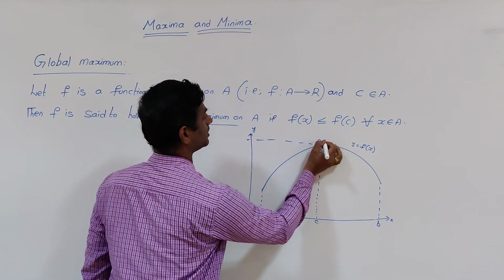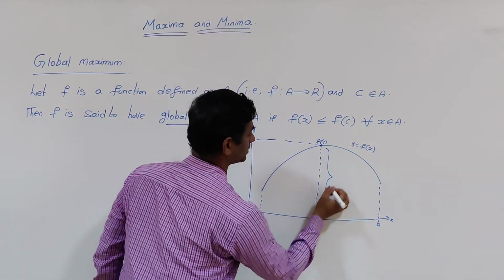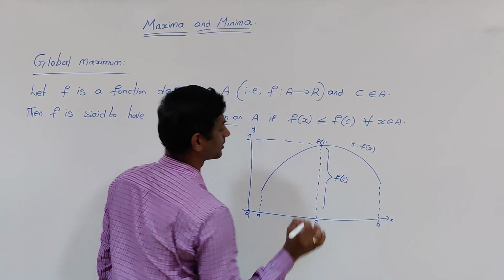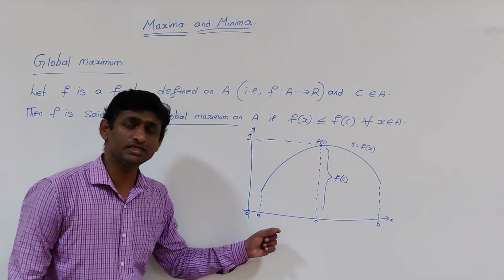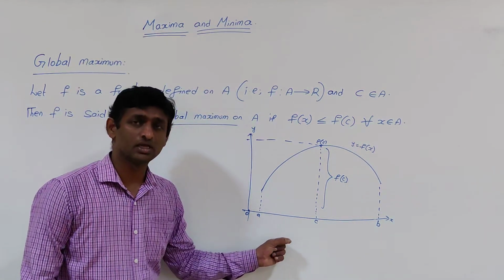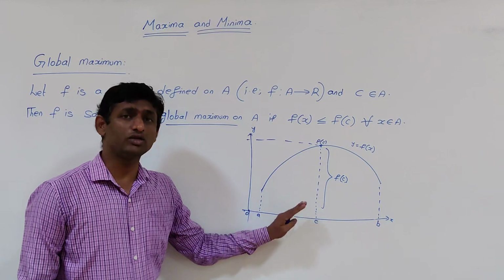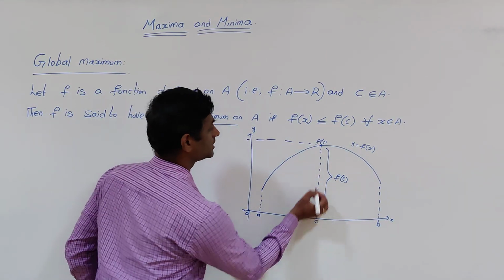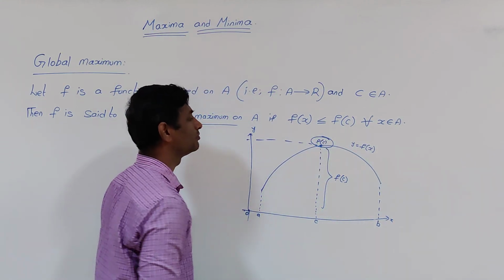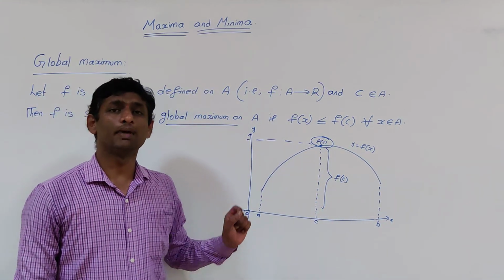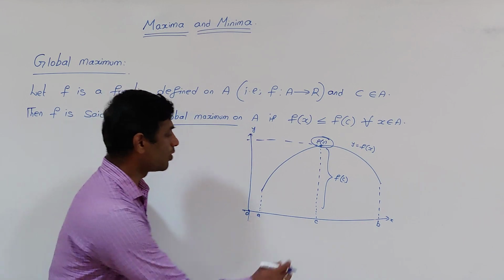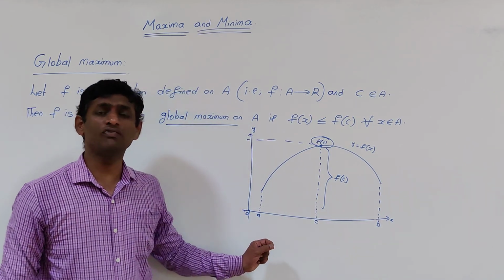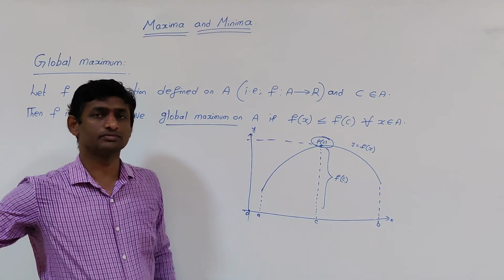Whatever values exist, the function values should be less than f of c. Then this f of c is said to be a global maximum, and this point c is said to be a point of global maximum.